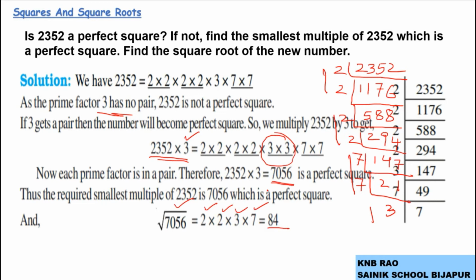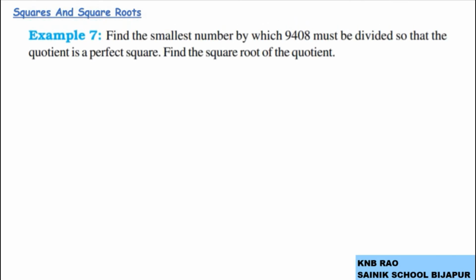Now coming to the next session, continuation of this, there is one example, number 7. Find the smallest number by which 9408 must be divided so that the quotient is a perfect square.